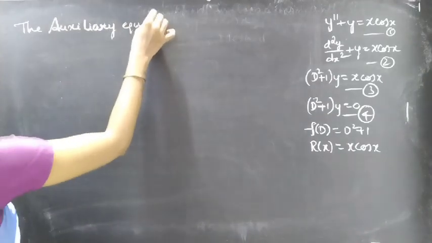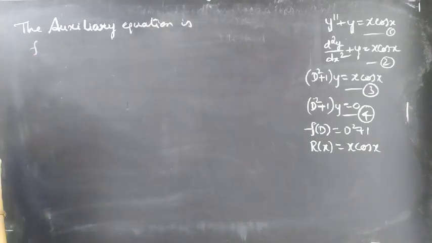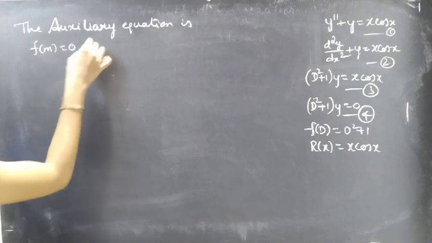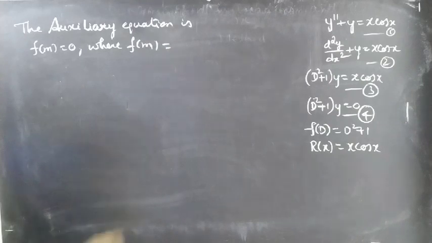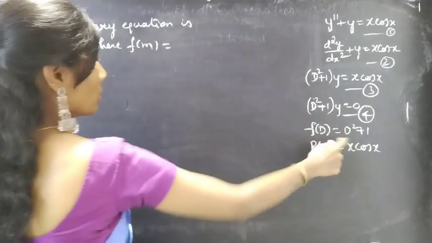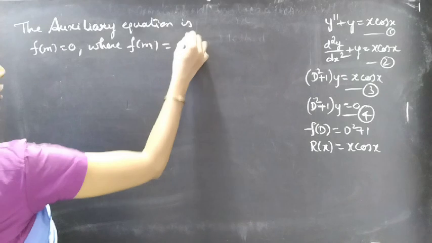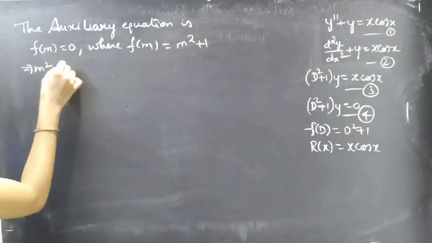The auxiliary equation is f of m equal to 0, where f of D is D square plus 1. Let's replace the differential operator by m so that we get f of m equal to m square plus 1. Then the auxiliary equation becomes m square plus 1 equals 0.